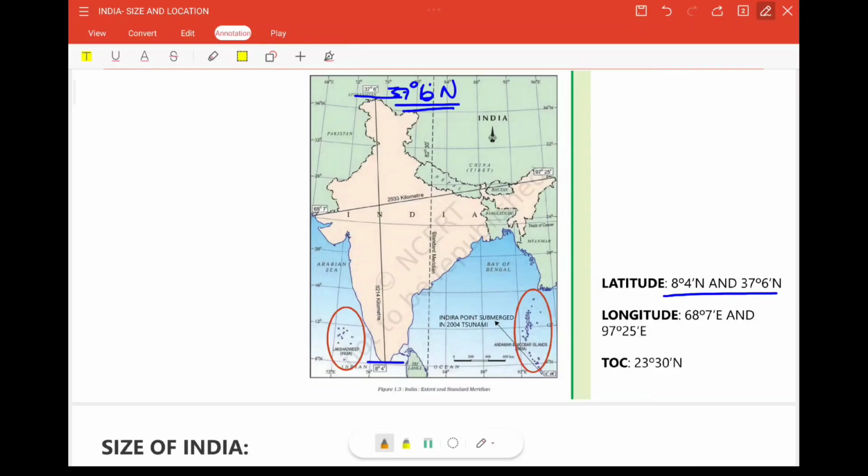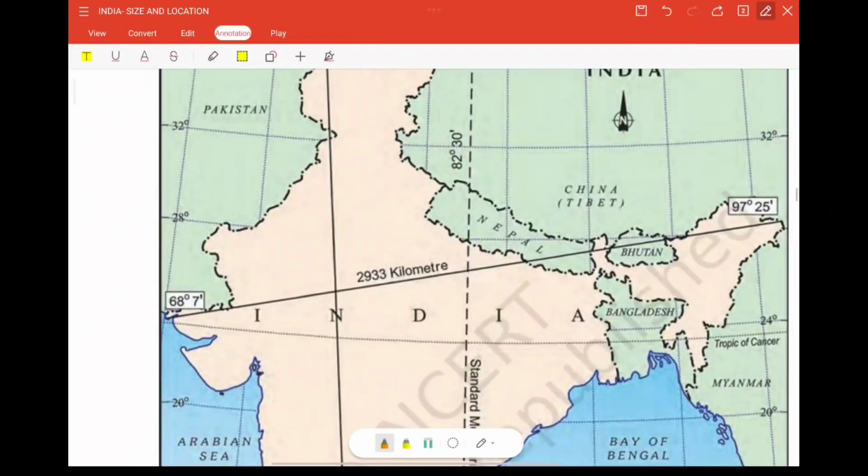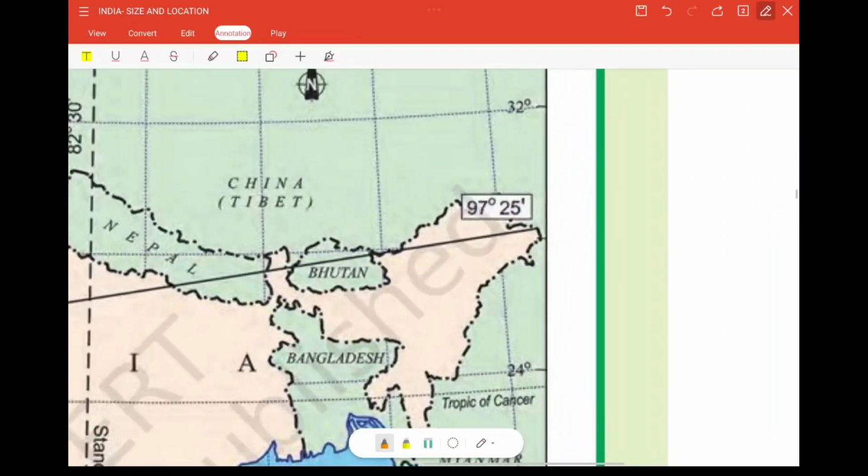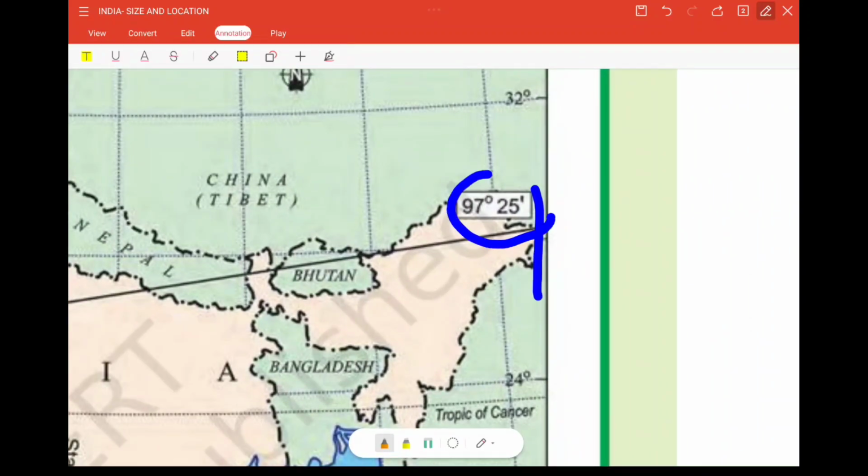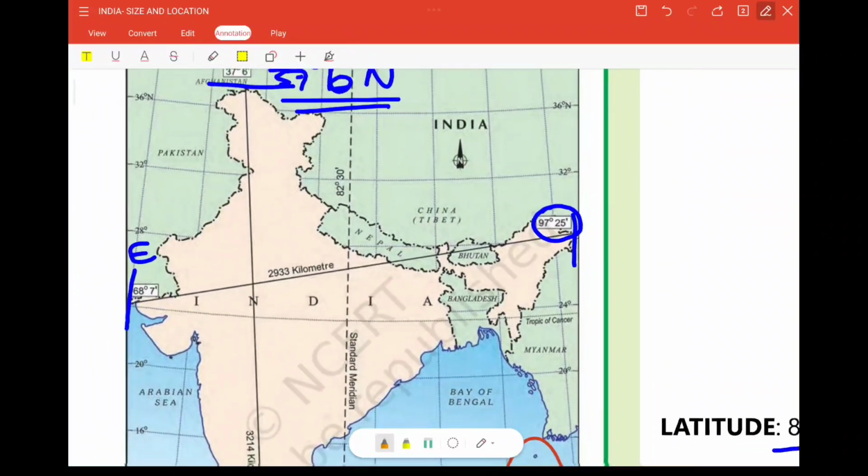And the longitudinal extent of India is 68 degree 7 minute east to 97 degree 27 minutes east. Here you will see the 68 degree 7 minute east longitude, and here you can see the 97 degree 25 minutes east longitude.